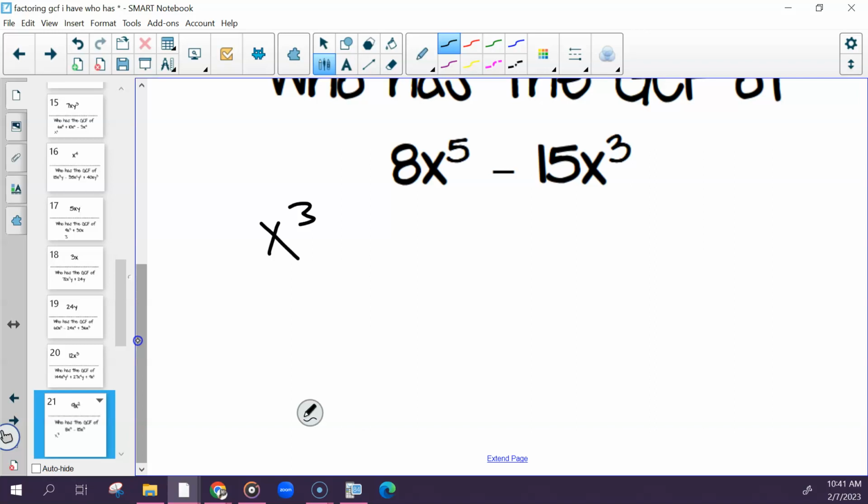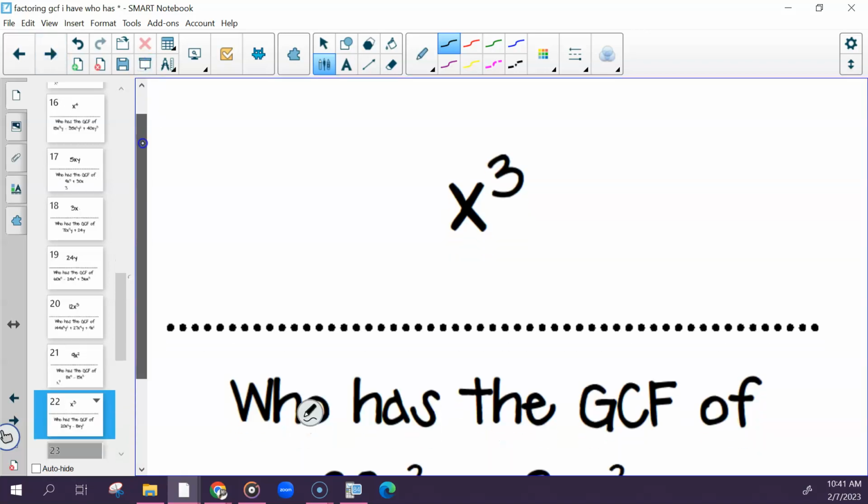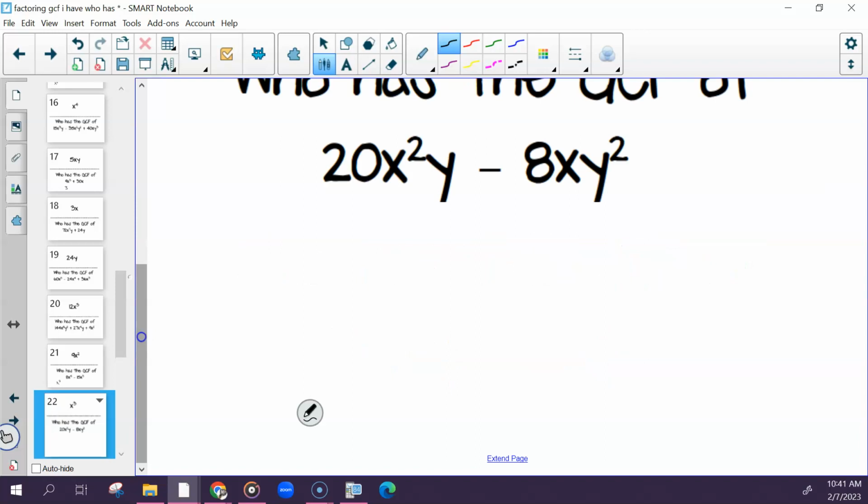So you go ahead and read your card. Who has the GCF of 8x squared y minus 8x y squared? Is that yours?